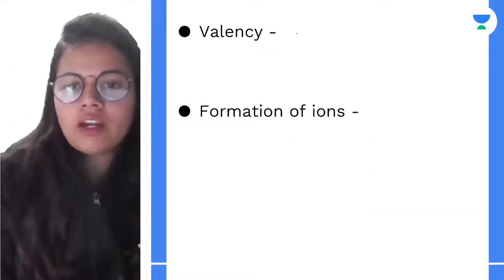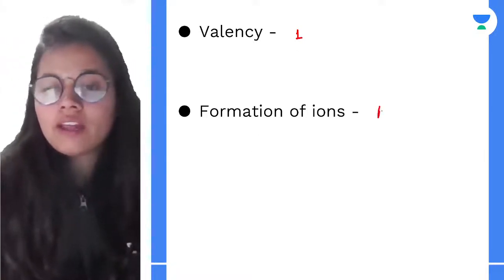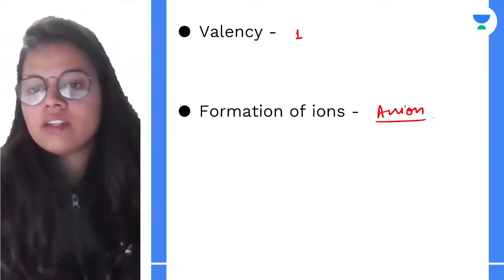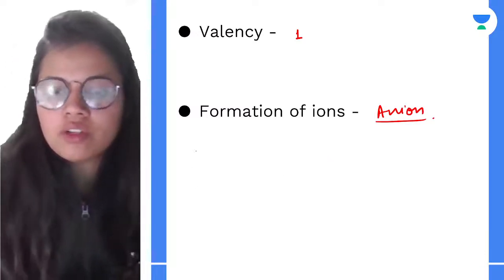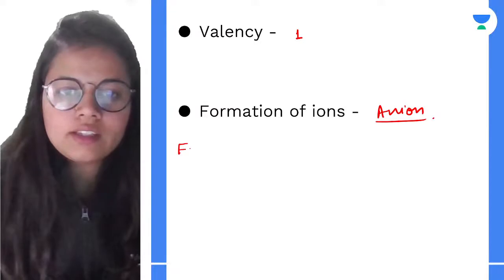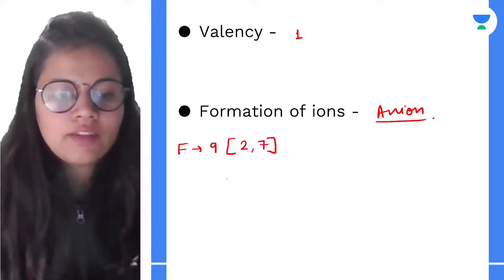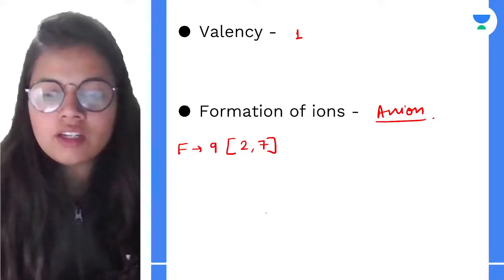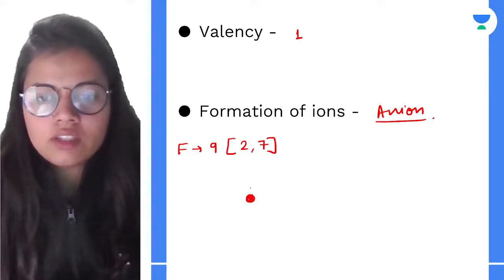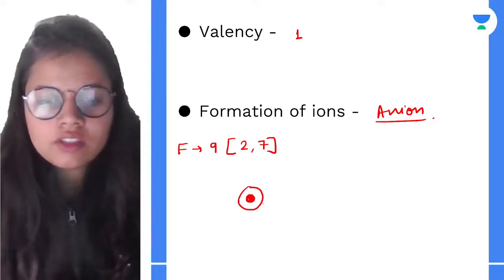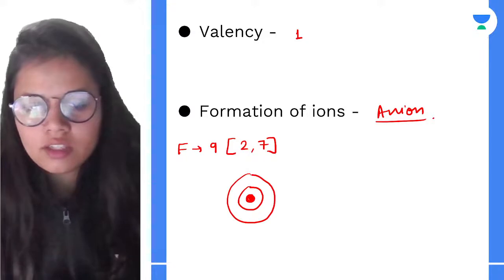Again, both of them have a valency of 1 and they form anions. Now, how is this anion being formed? See, they are 1 electron short. If I talk about fluorine, its atomic number is 9, configuration being 2 and 7. This is the nucleus, this is the first shell, and this will be its second shell.